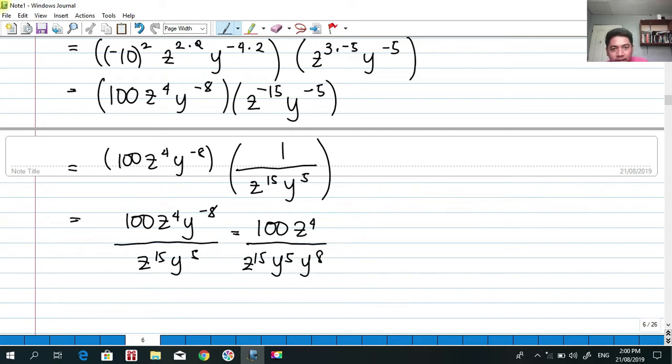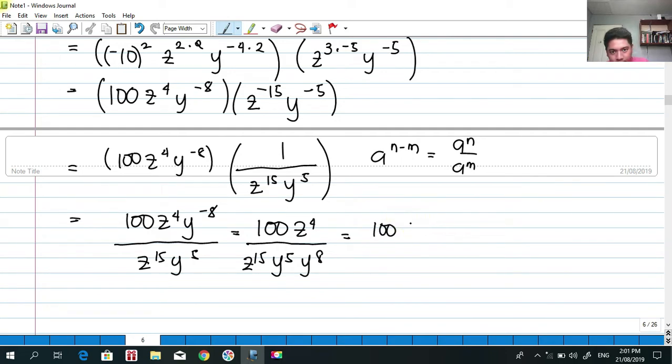As you can see here, we have z raised to 4, we have z raised to 15. So according to our property, we can minus the exponent of this in this. So remember, we have a to the n minus m, if we have a raised to n over a raised to m.